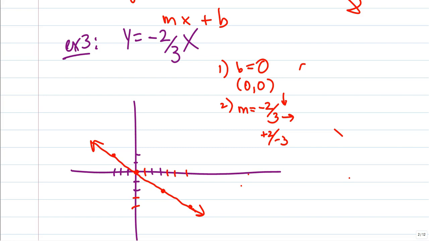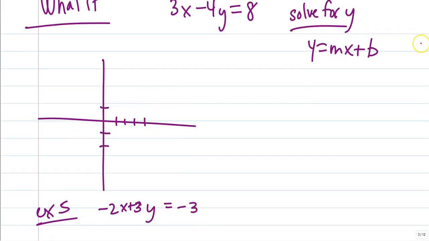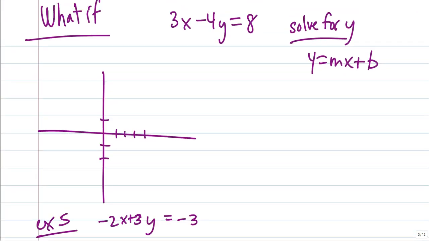Let's keep going. What if they give me the equation 3x minus 4y equals 8? Well, in the past, we'd say, just find the x-intercept and the y-intercept. If I did the x-intercept, that is where y would equal 0.